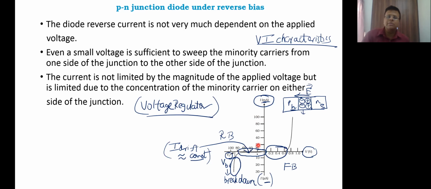That is the reason for a particular forward bias potential. When this is added, previously it was like this and now it will decrease. After decreasing to a particular value, these holes and electrons will have sufficient kinetic energy to cross the junction.